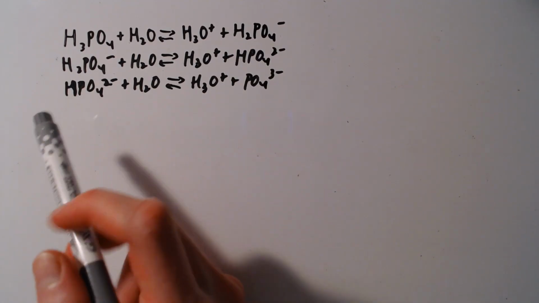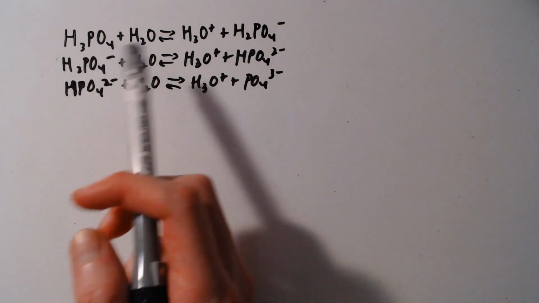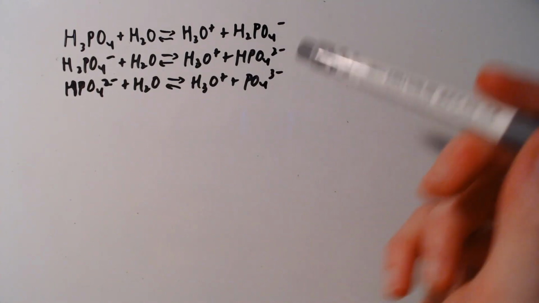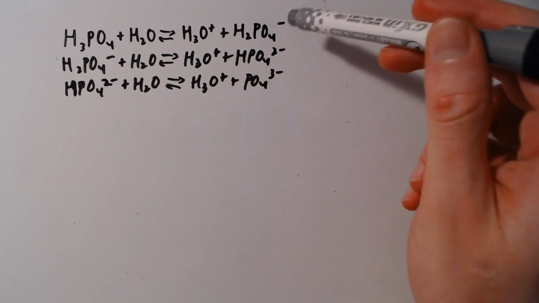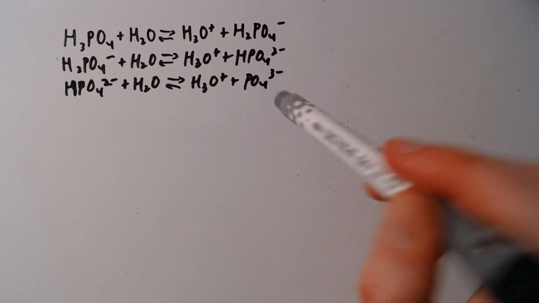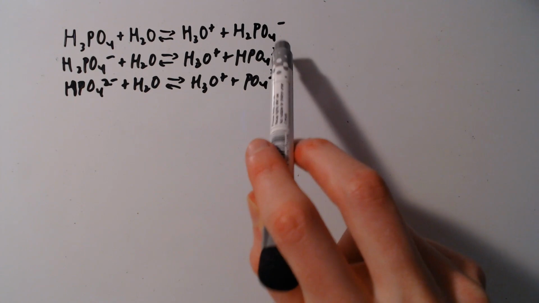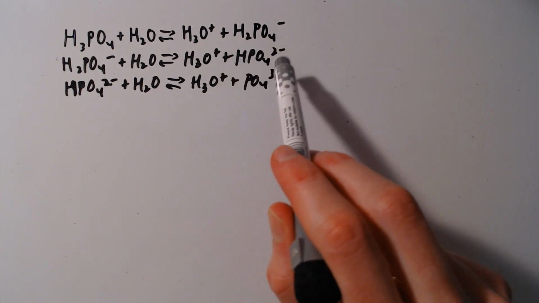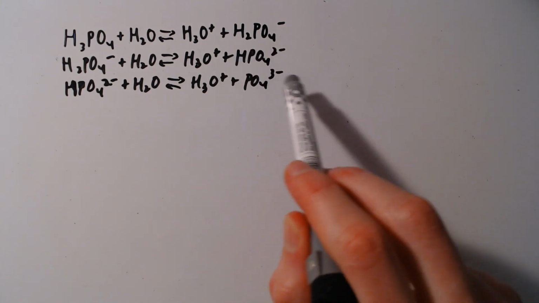However, things become a little bit more tricky if, let's say, the exam asks us to find the concentration of one of these anions. So this H2PO4 minus or HPO42 minus or PO43 minus.